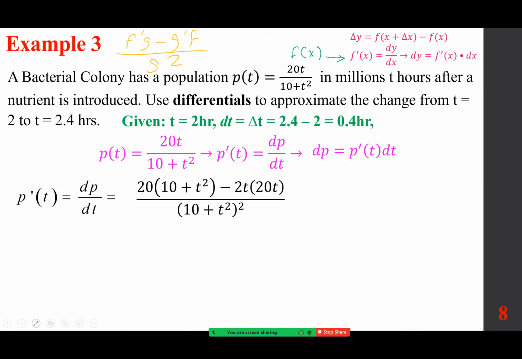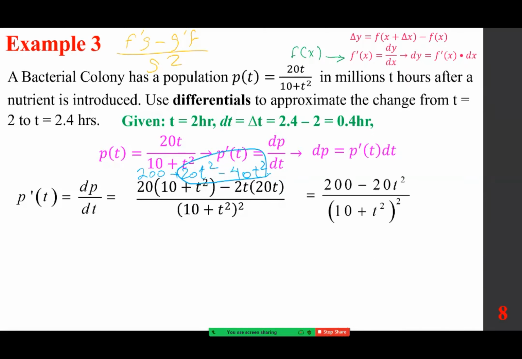Let's distribute, see what we get. 200 plus 20t squared minus 40t squared. We combine these two.